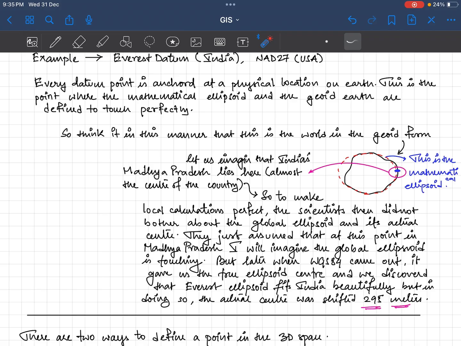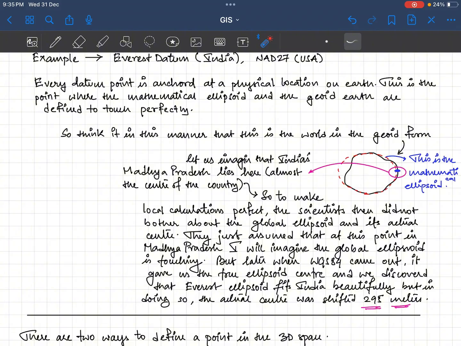And if we do the calculation today, we will see that there is a 295 meters, I would say, shift, or basically an offset between the true center of the Earth, that is the geocenter of the Earth, and the ellipsoid that was imagined using the Everest datum.